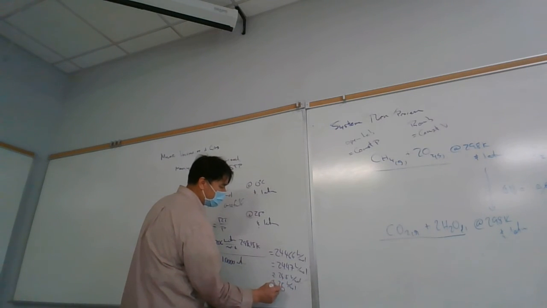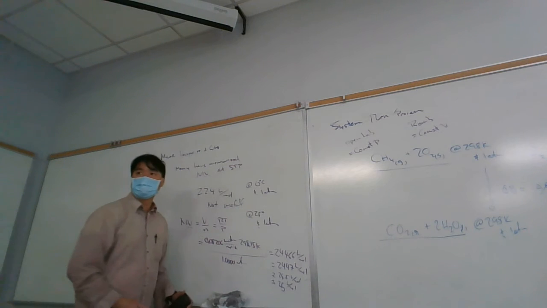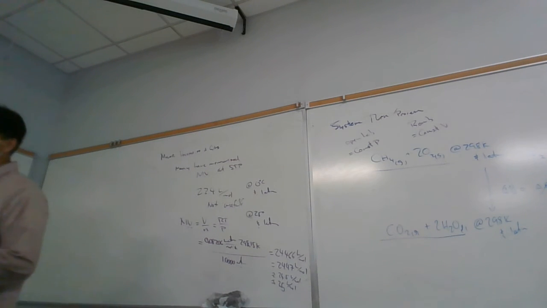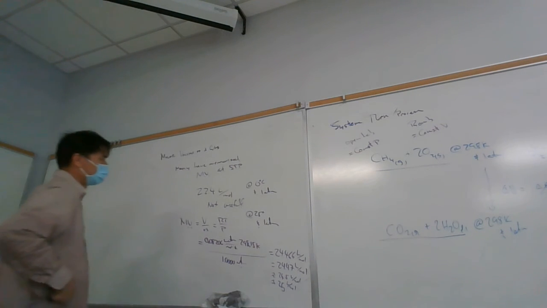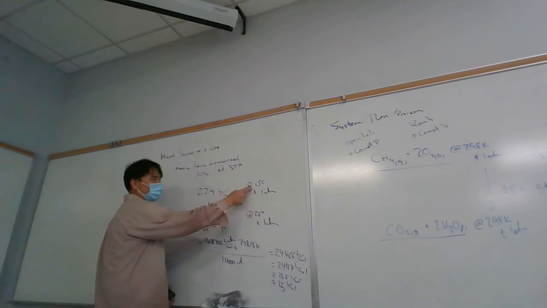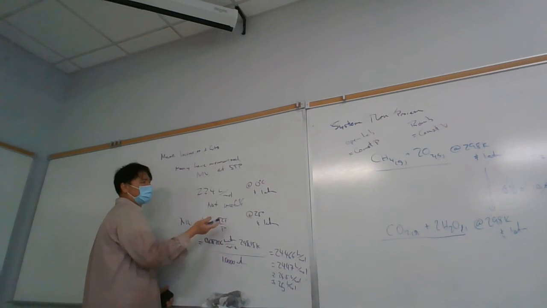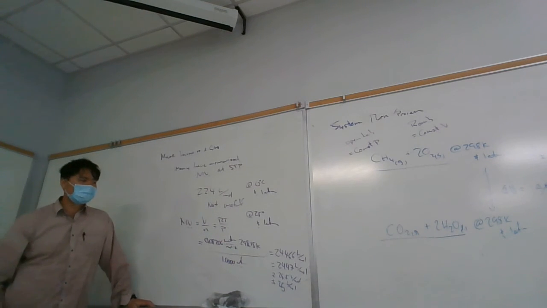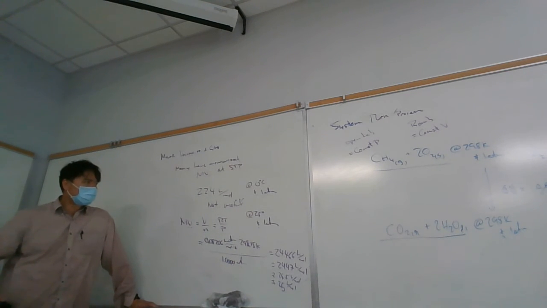If we're just estimating things, then 25 liters per mole is about right. A mole of gas at room temperature will occupy about 25 liters, whereas if we cool that down to freezing, 0 degrees C, it occupies only about 22 liters.